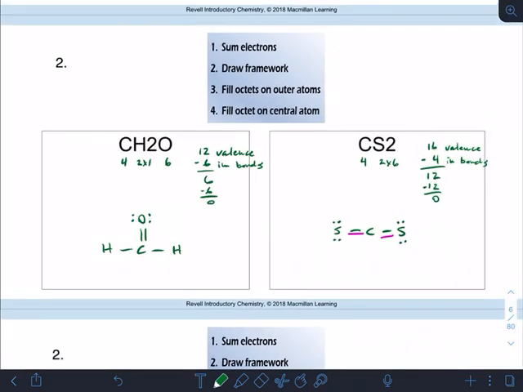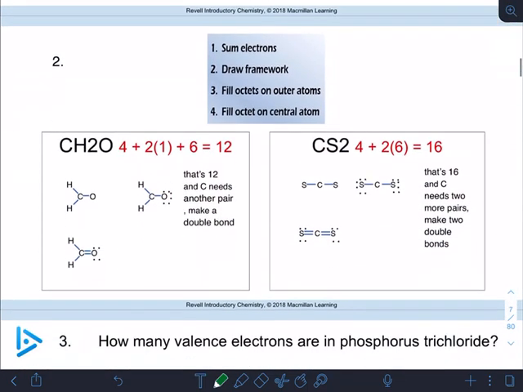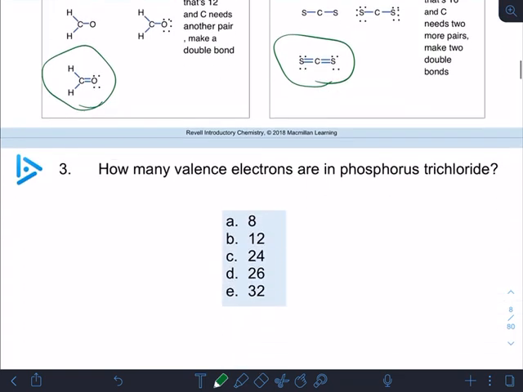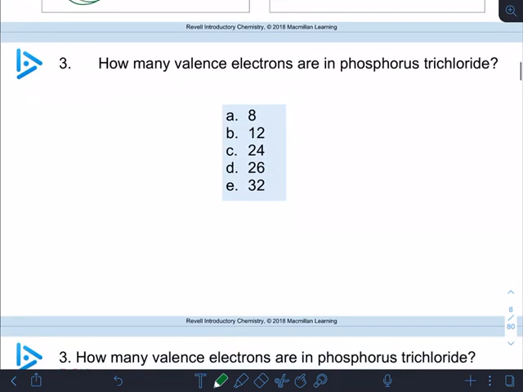So now my oxygen still feels like it has 8, and my carbon has 8 now. And then my hydrogens have as many as they can have, which is 2. So in our examples here, here's our finished product, and here's our finished product.